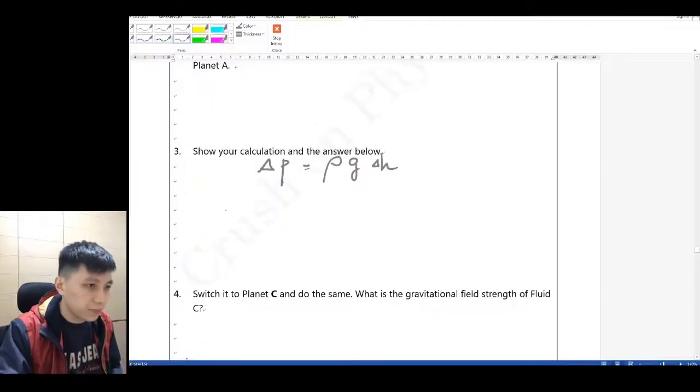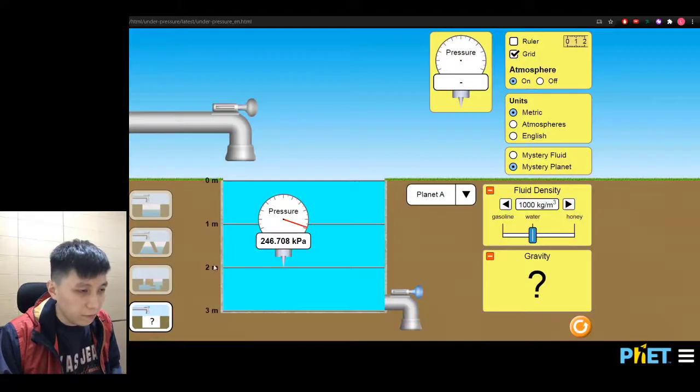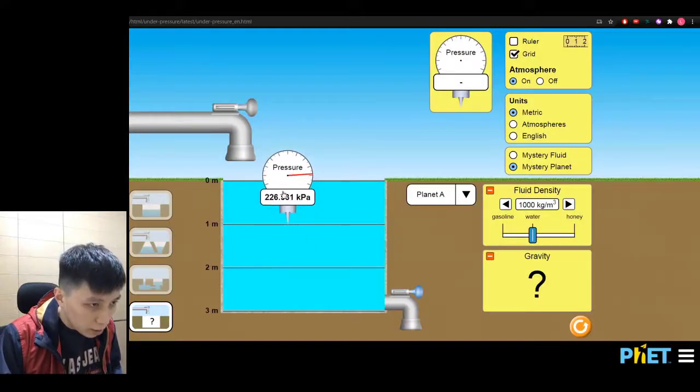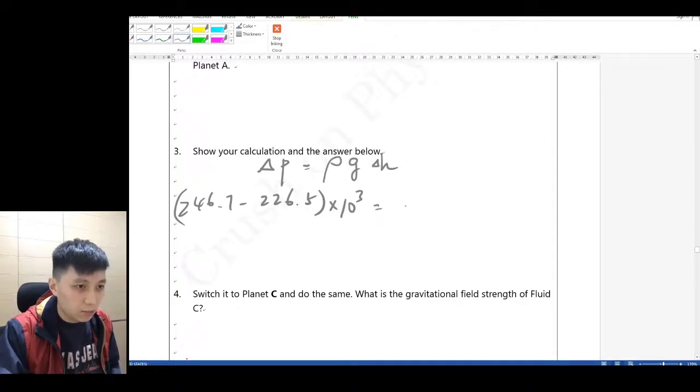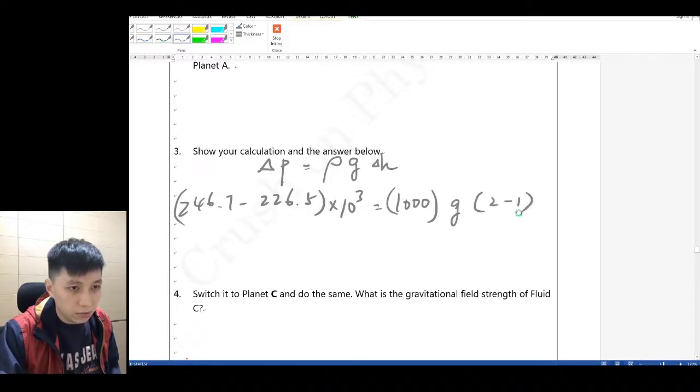246.7 for 2 meter, and then for 1 meter, it's going to be 226.5. Again, it's in kPa. Rho is 1000. G is unknown. Delta H is 2 minus 1.